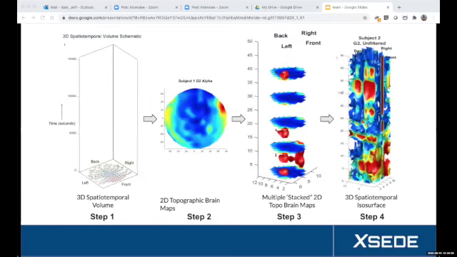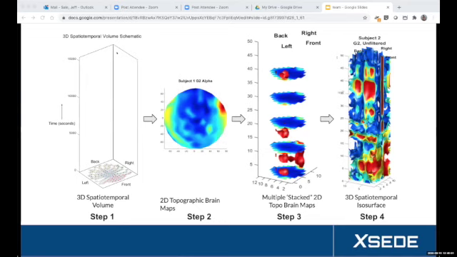So here's a slide, hopefully to help explain the idea behind 3D spatio-temporal isosurfaces. The image on the left in step one shows a vertical three-dimensional box-shaped volume, and you'll see at the very bottom the MEG channel layout aligned horizontally like a slice of the three-dimensional volume. Time's vertical, earlier time at the bottom and later time at the top.